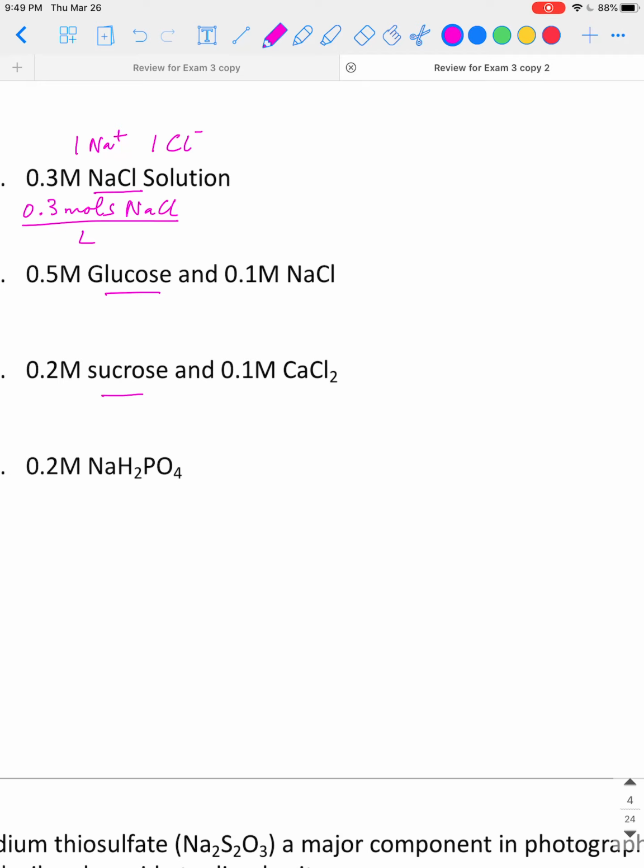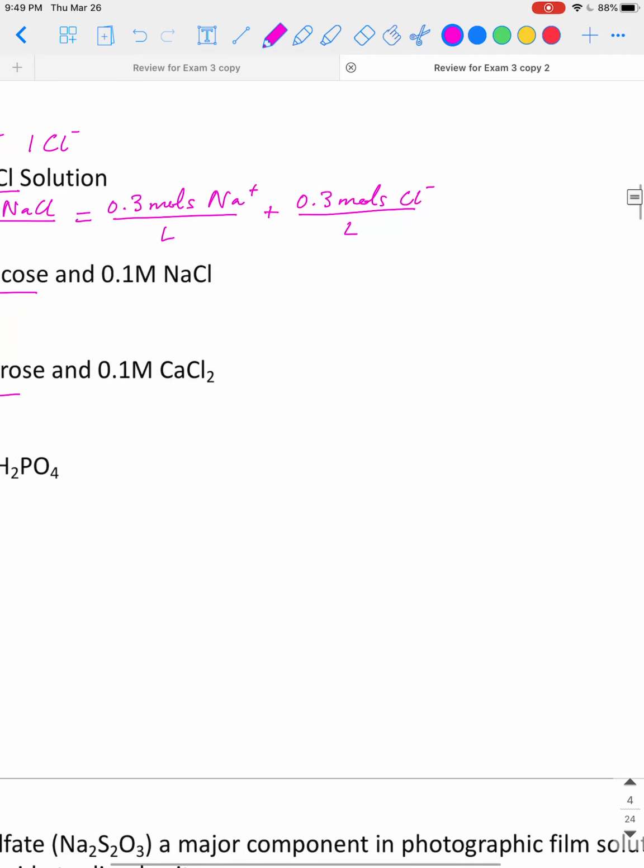And if I break this up into its ions, what I'll end up with is 0.3 moles of sodium cations per liter plus 0.3 moles of chloride anions per liter. And now, knowing that, we just add these two things up.